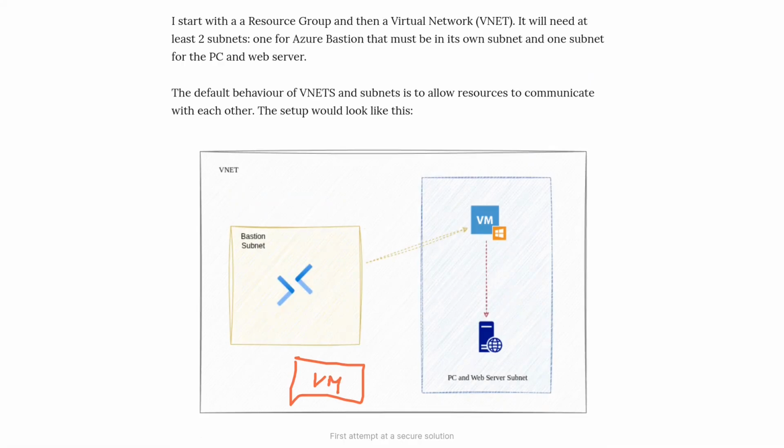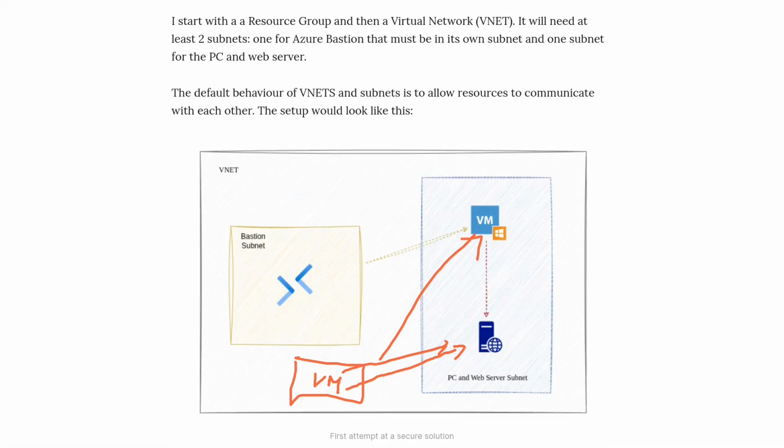Now that might not need access to this web server, but in this setup, it will have access to the web server. And then in terms of lateral movement, if this PC was infected somehow, or some bad actor had gained access to this VM, that would mean that it would be able to laterally move in the network and get to other resources in the network.